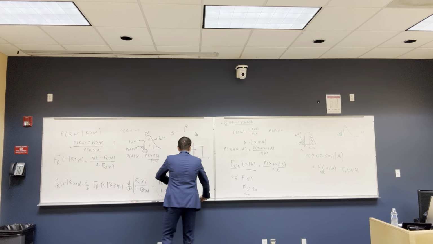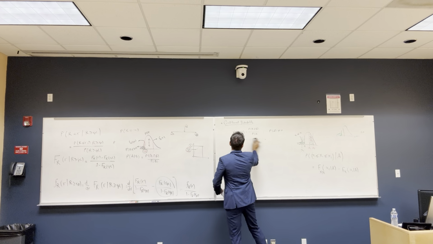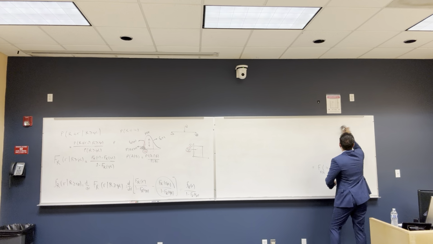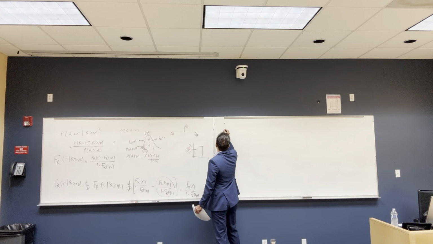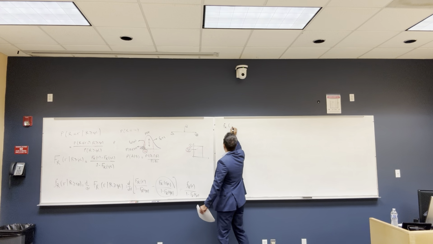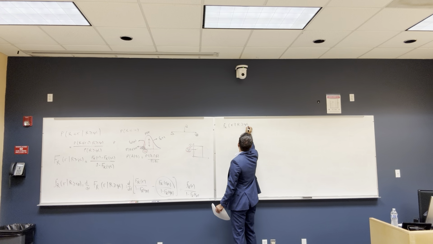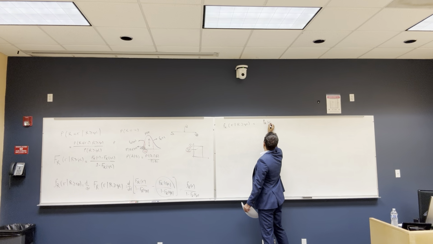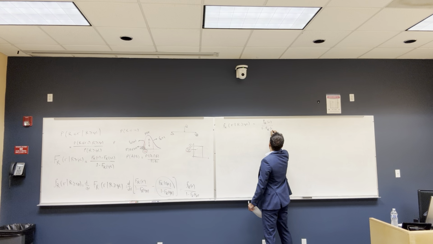So the final answer of this question is going to be the PDF fR of R, given that R is already more than RBL, the rupture, the yield load, is going to be equal to fR of R over 1 minus FR of RBL.